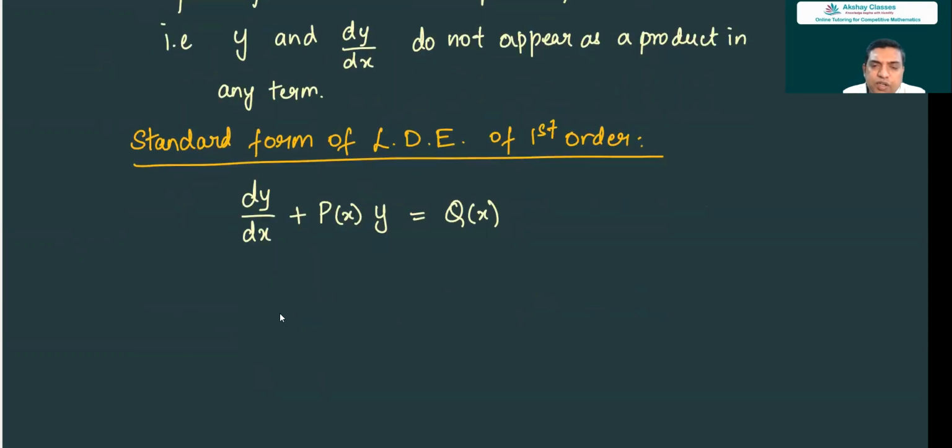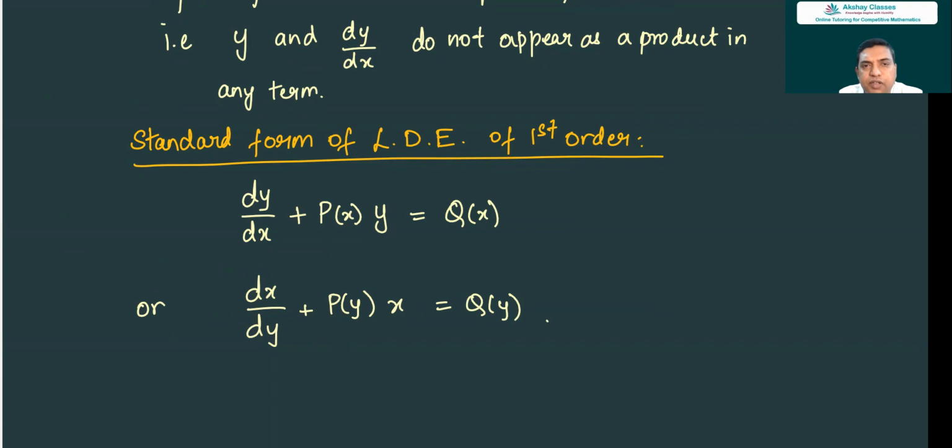Or we can have dx by dy plus p(y) x is equal to q of y. In the first case, the dependent variable is y. In the second case, the dependent variable is x, and the independent variable is y.